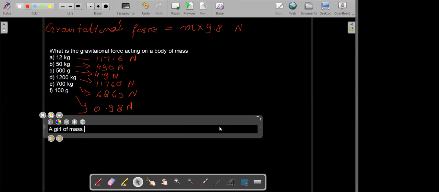A girl of mass 45 kilogram is standing on a floor wearing slippers of area 300 square centimeter.